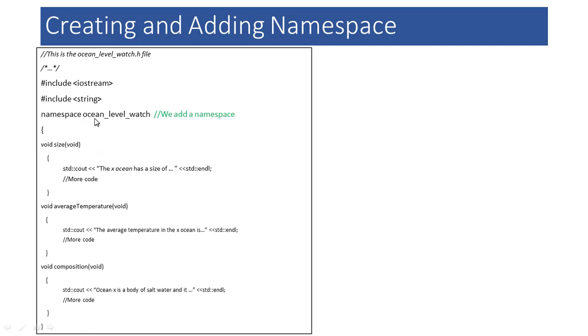For example, ocean_level_watch::size. So we'll be able to access this function with it. Now that we have added a namespace to this header file, we can access any of these functions through the namespace without having a clash with the other file.